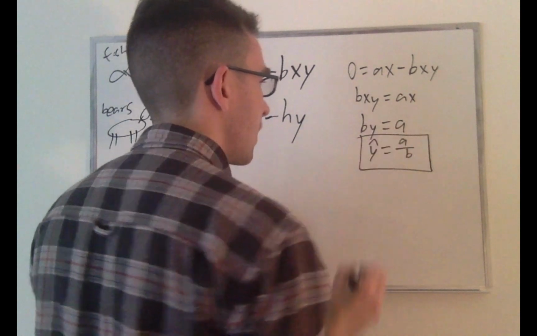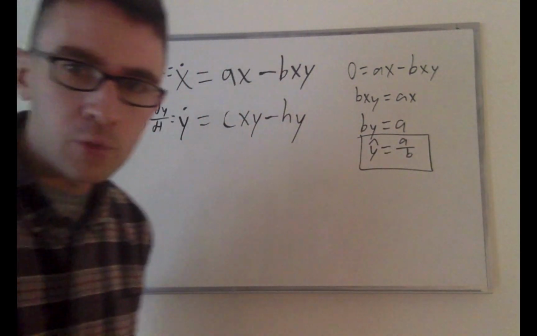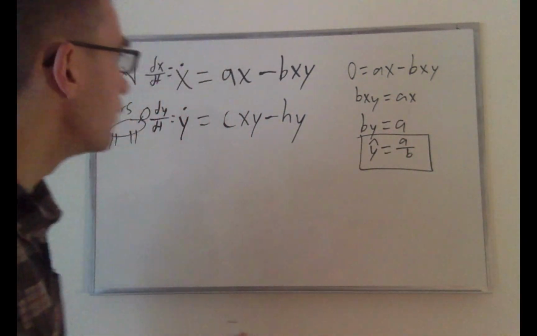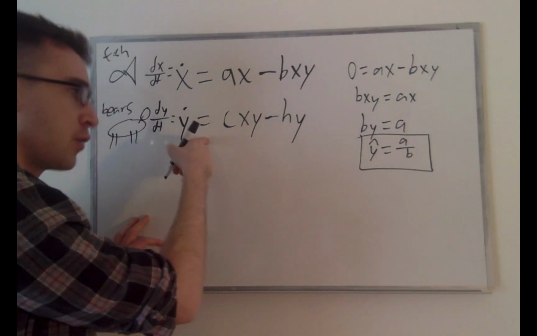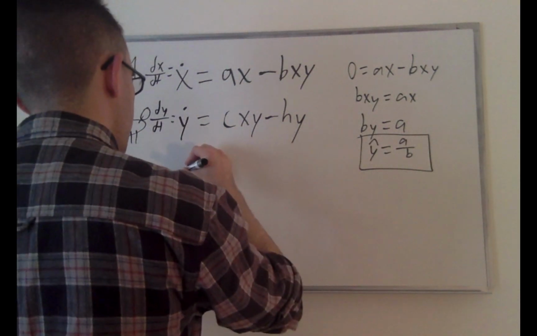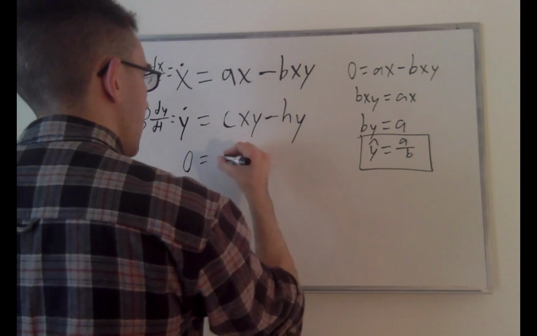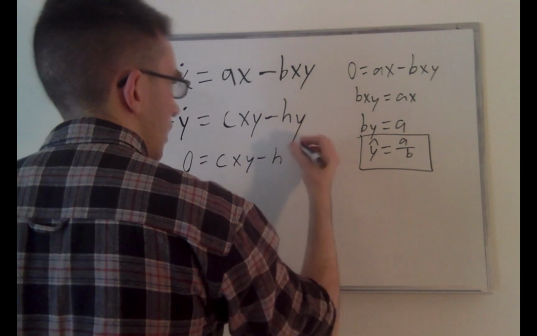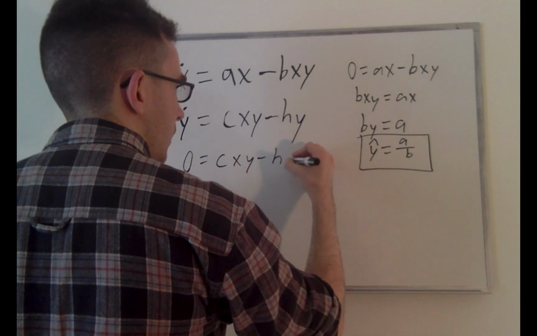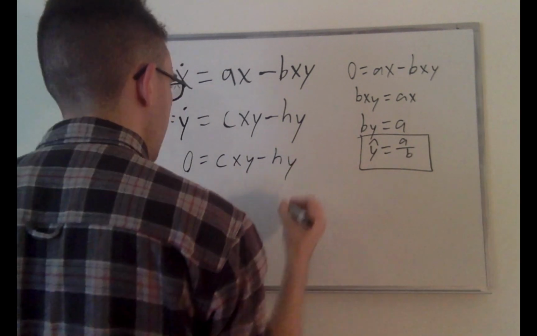So we need to also find our value for x too. We'll do this by setting the second differential equation equal to 0. So we'll say 0 equals cxy minus hy.